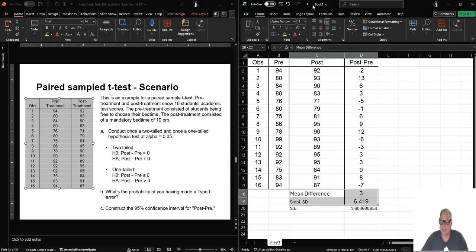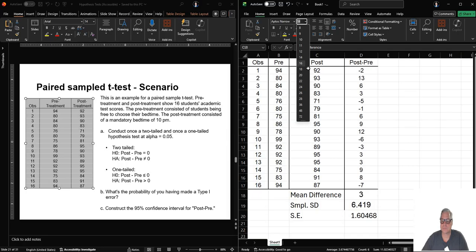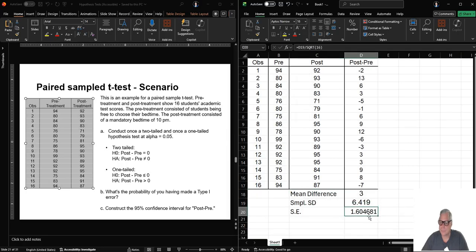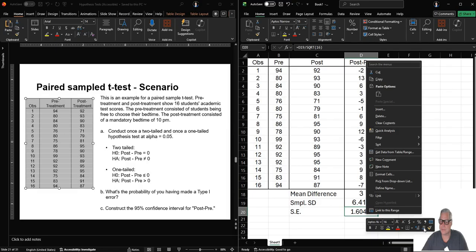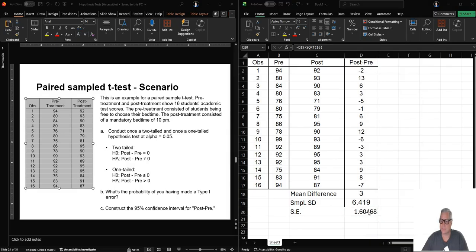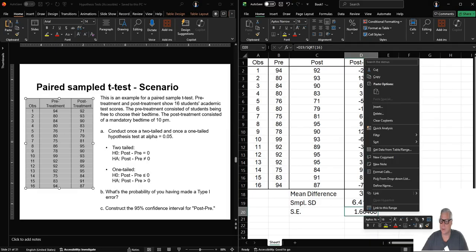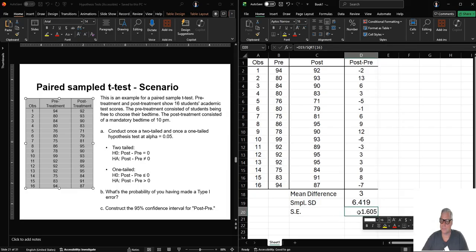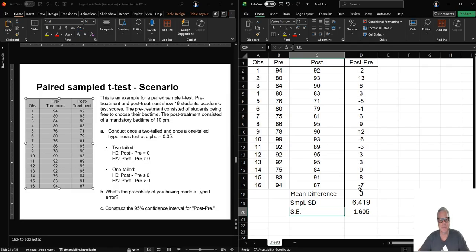And then we get 1.6. Let's center that. So this is the statistic that we need to work with.